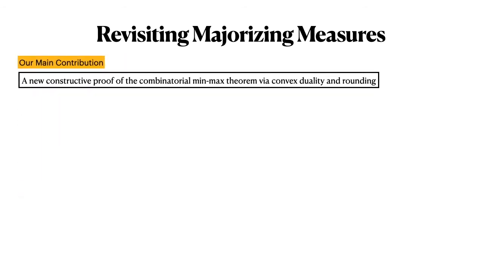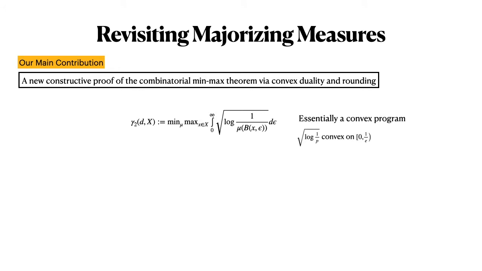So let me try to say a little bit more about where the convexity comes in. Let's look at this gamma 2 functional, which is just the majorizing measures bound. This is essentially a convex program because root log 1 over p is a convex function when p is between 0 and 1 over e. Now there is a technicality that the measure can take value between 0 and 1, but this is just a technicality that I will show you how to fix in a second.